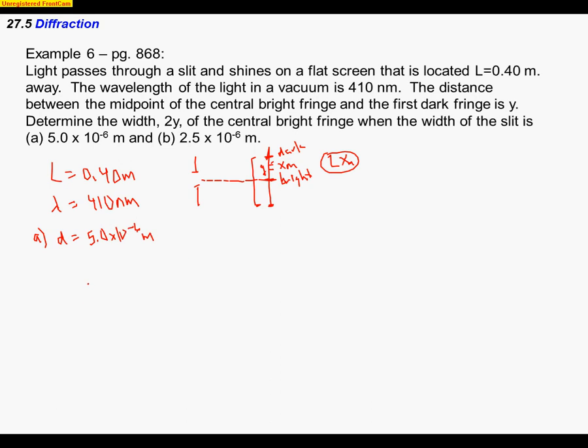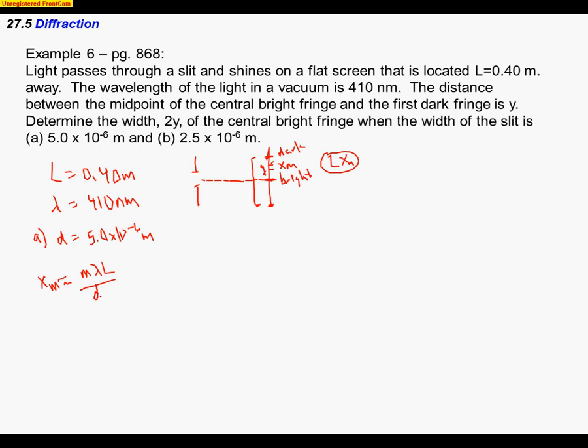Okay, so we could use either D sine theta equals m times lambda, and then we could solve for the angle and then use trigonometry to calculate this side, and that's the way the book does it. However, we could just go ahead and use this approximation: xm is approximately equal to m times lambda times L over D.